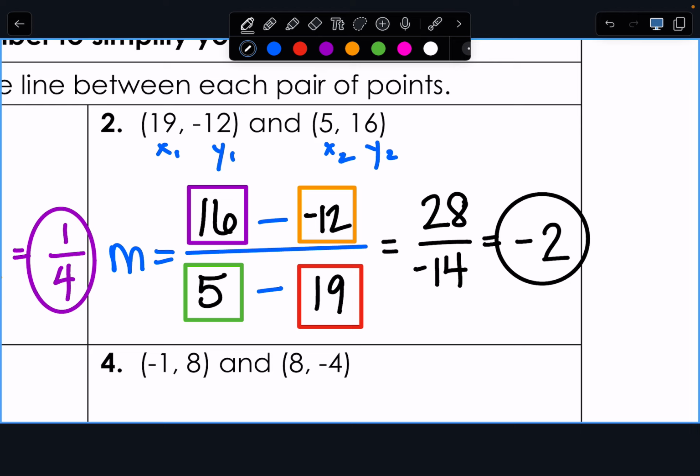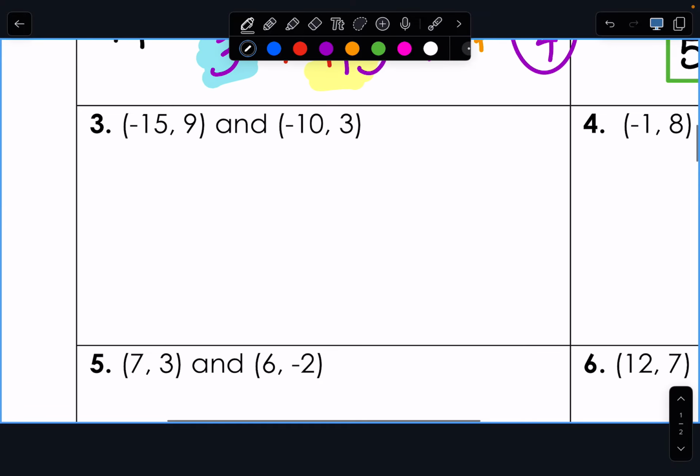All right, this is what I want you to do. I want you to find me the slope for number 3, all by yourself.